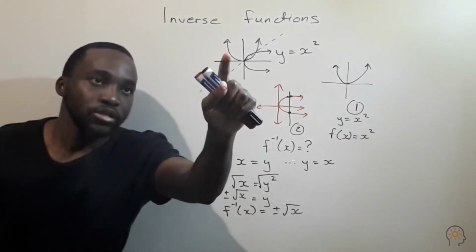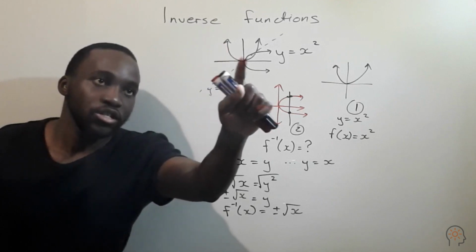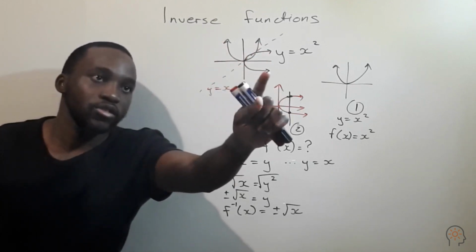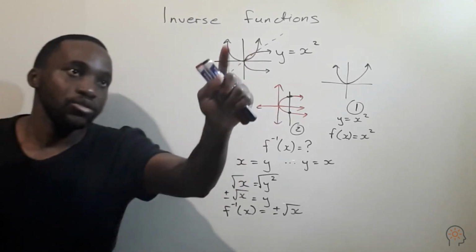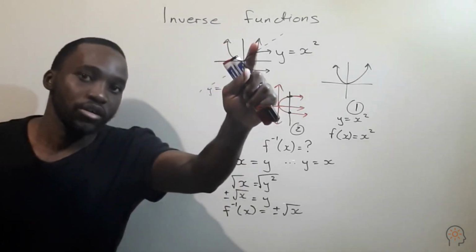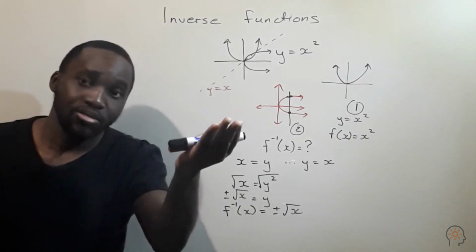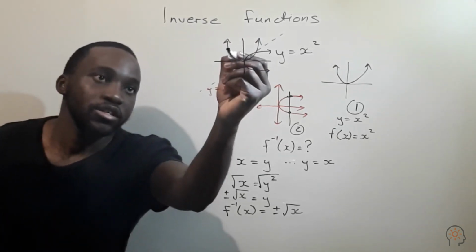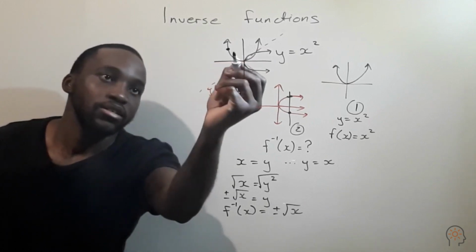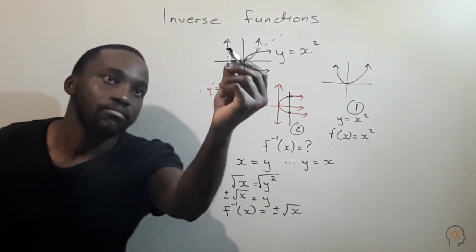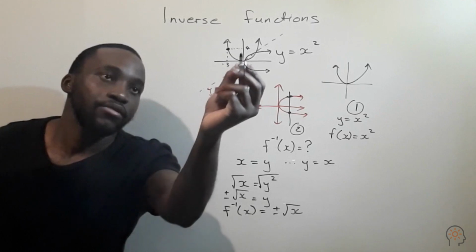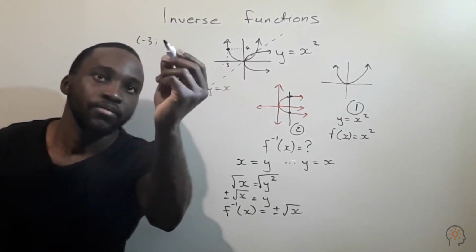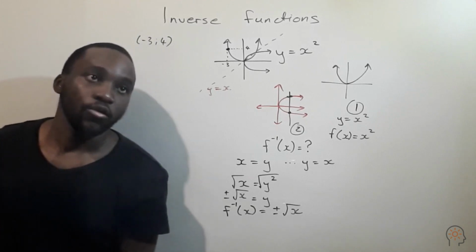Literally every single x and y coordinate in our original picture, right? For us to have this inverse here, all that has happened is all the coordinates of your original graph basically all swap around. Meaning, for example, let's say this coordinate here is (-3, 4).